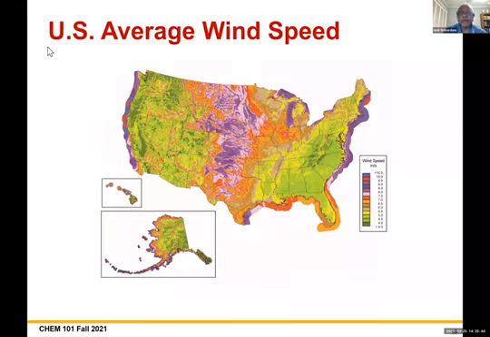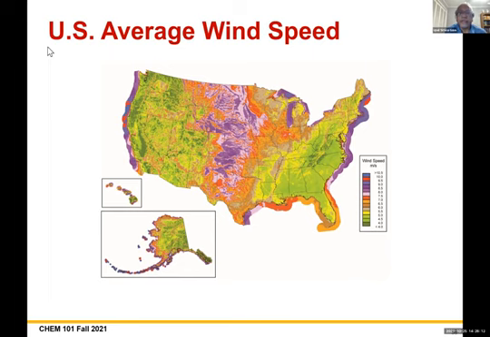This is because the average wind speed is higher in the middle of the United States and the coastal areas. That purple and red are in the coastal areas and mid south and mid north states.